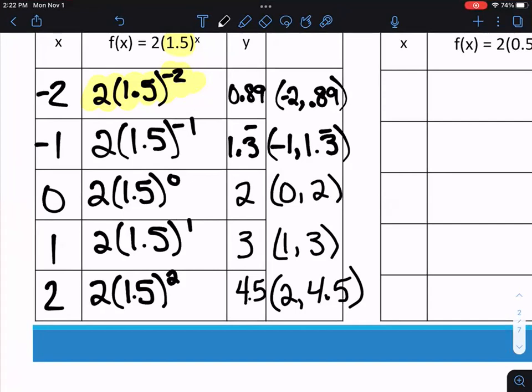So hopefully you ended up with the ordered pairs 0, 2, 1, 3, 2, 4.5.